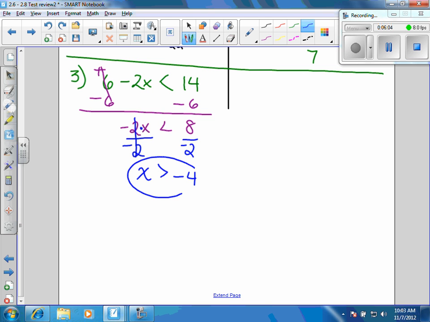So one thing I'm hearing from you, some of you really want to go the longer route. So you could take that negative 2x less than 8 and go the long way if it makes more sense to you, which would be adding 2x over.